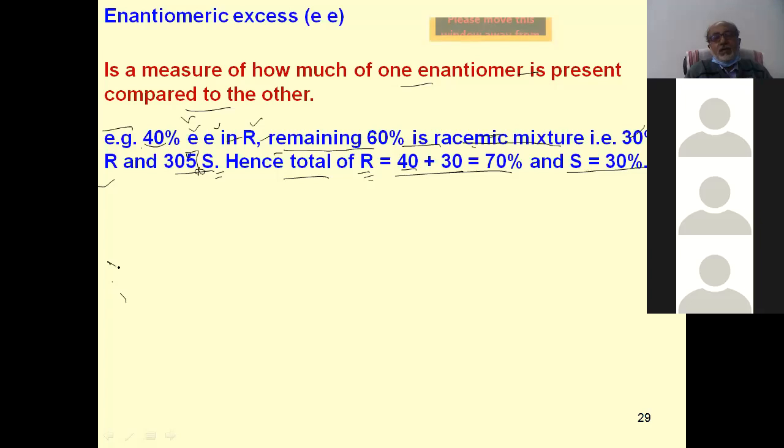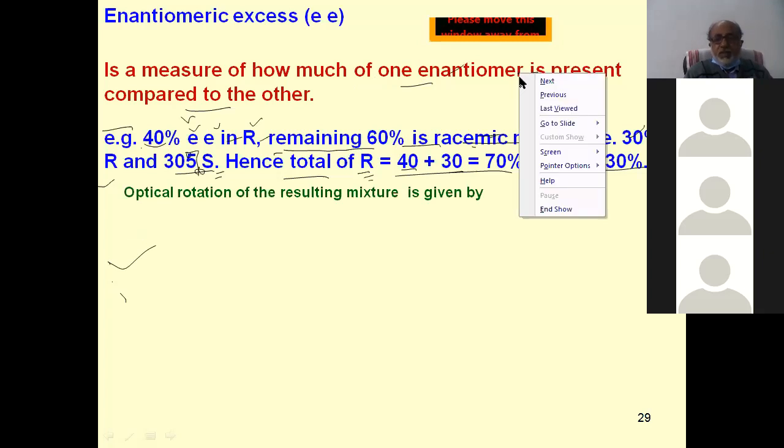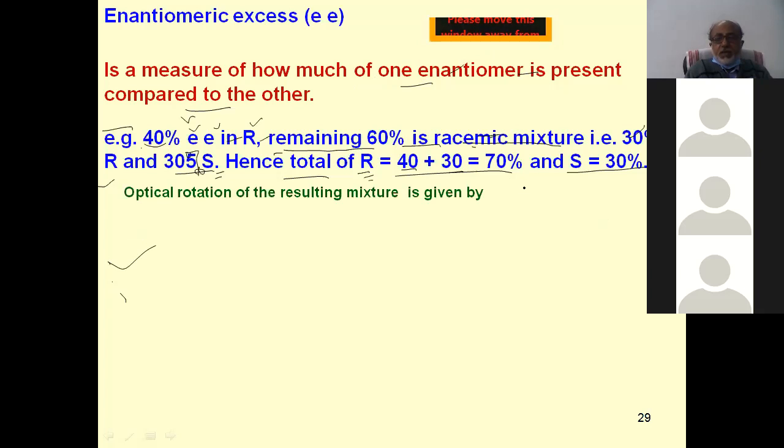Okay, so this is a very simple thing. Now here we'll see how to calculate optical rotation. Suppose the specific rotation of the compound is 20 degree. So dextro will show plus 20 degree and levo will show minus 20 degree.